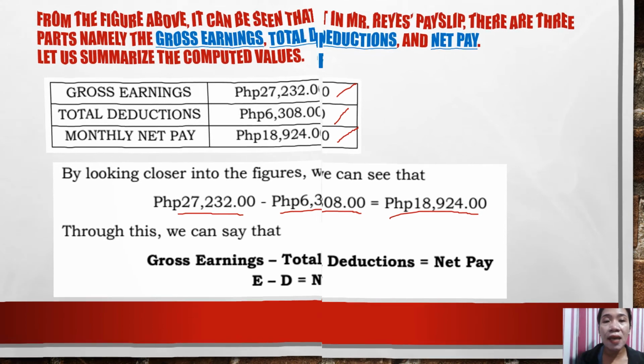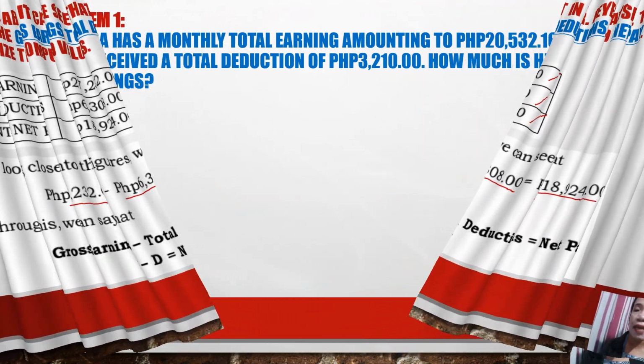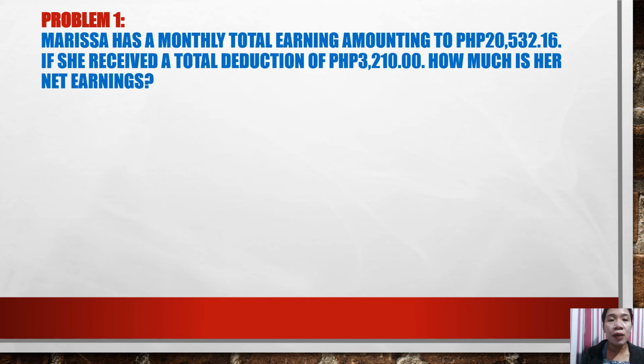So let us have our problem number 1. Marisa has a monthly total earning amounting to 20,532 pesos and 16 centavos. If she received a total deduction of 3,210, how much is her net earnings?